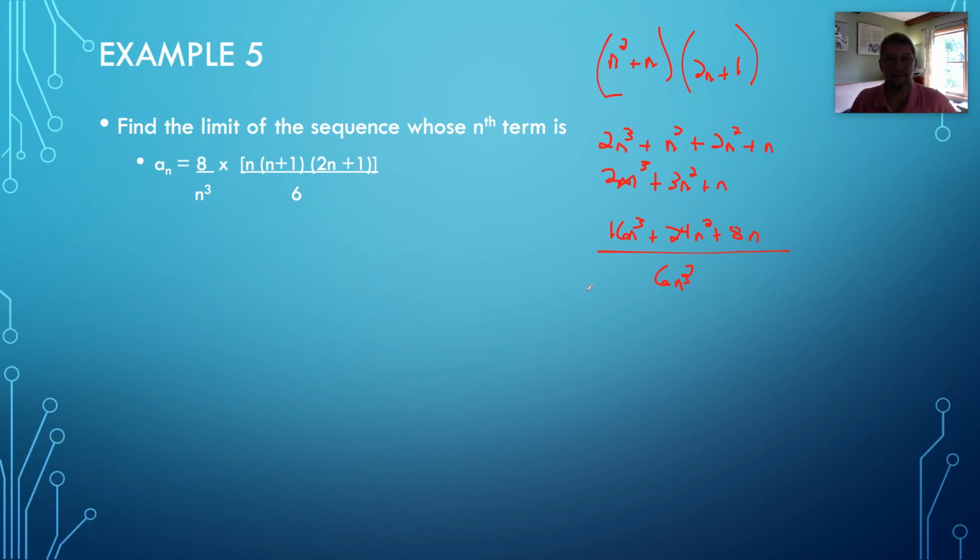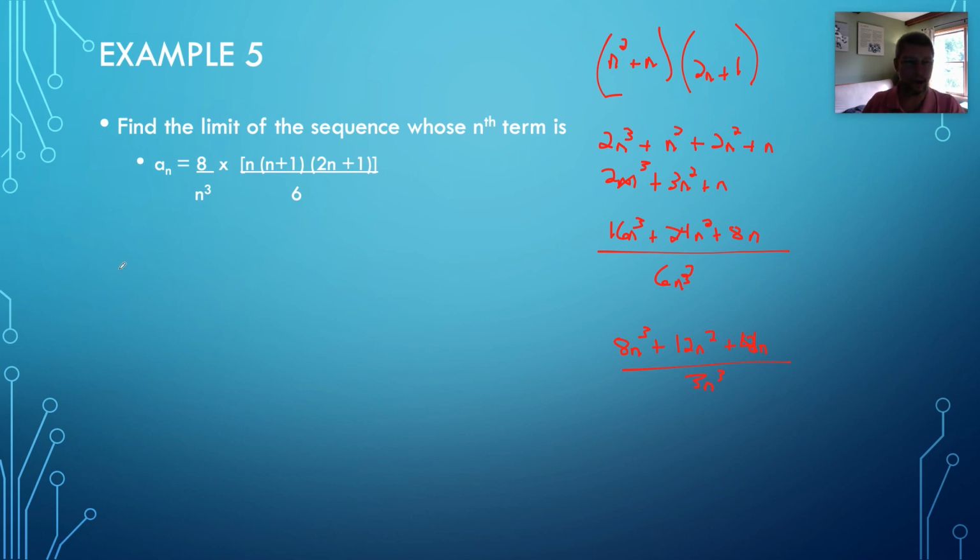Now, in this particular case, if I simplify this a little bit and divide everything by 2, it becomes 8n cubed plus 12n squared plus 4n, all divided by 3n cubed.